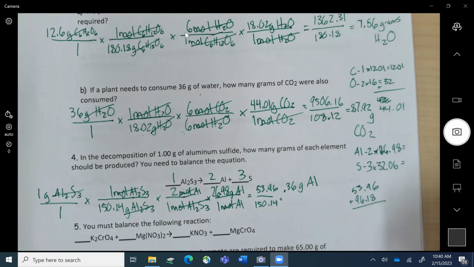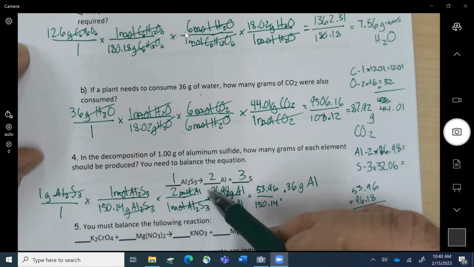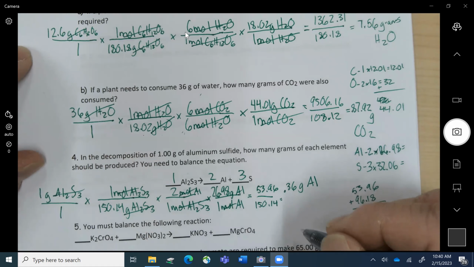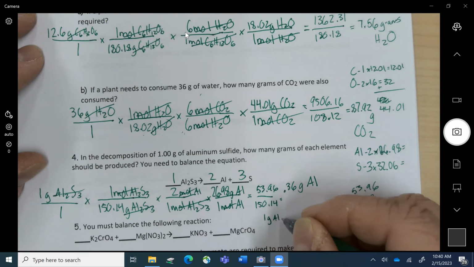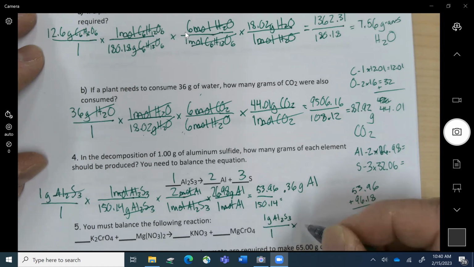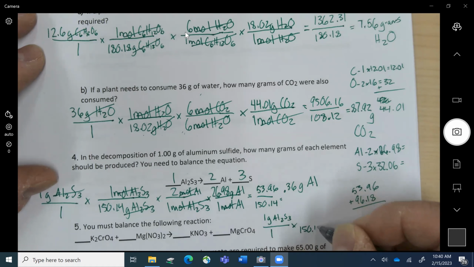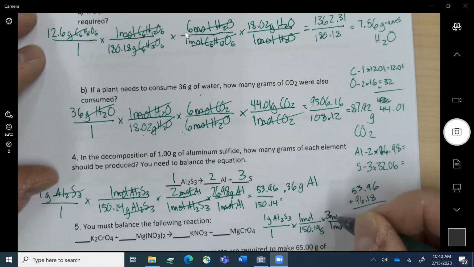I do not have enough room to do the next one. So I have to write all this out, same part, but then switch this to 3S. Man, I don't have enough room. All right, the 150.14 grams equals 1 mole times 1 mole of it. There's 3 moles of sulfur.